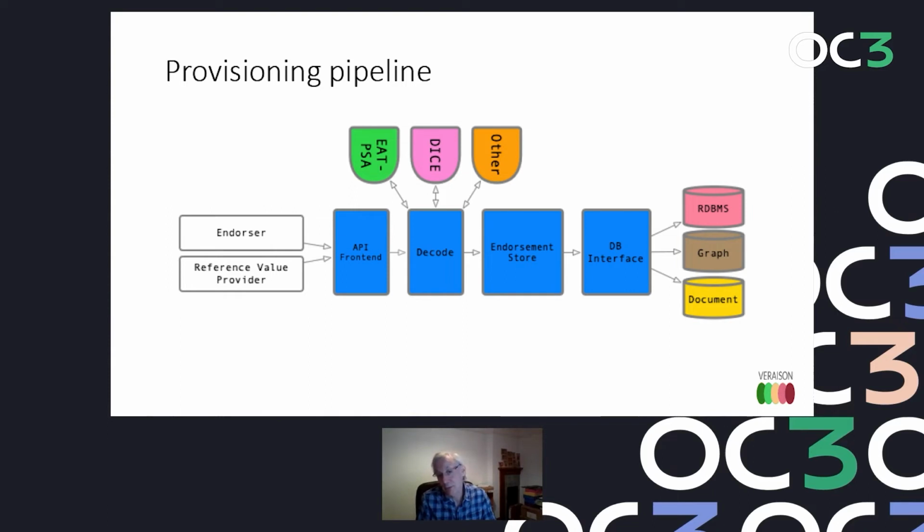So depending on what you're trying to do, it may be useful to use a graph database or a simple SQL or just bulk lookup. And the endorsement store works over a set of abstractions, which are driven by the needs of the particular technology plugin.